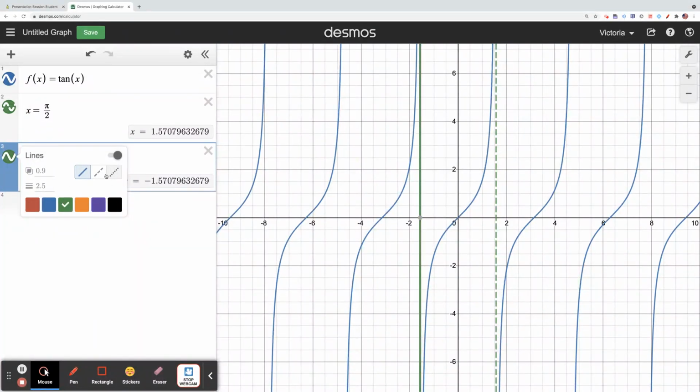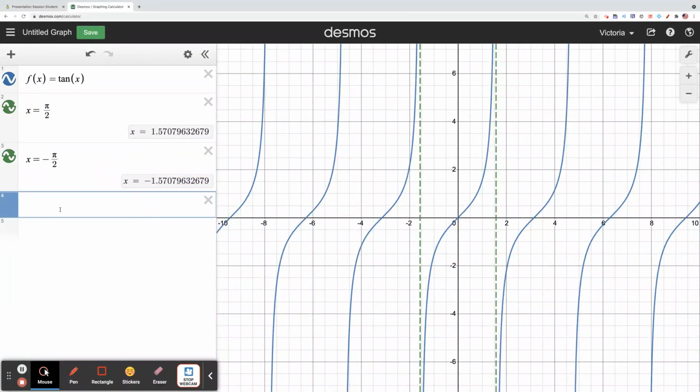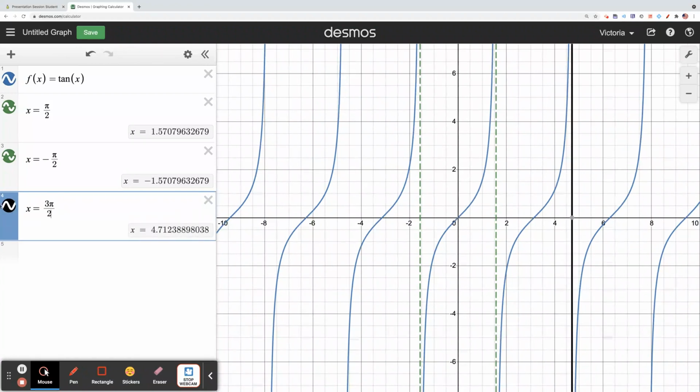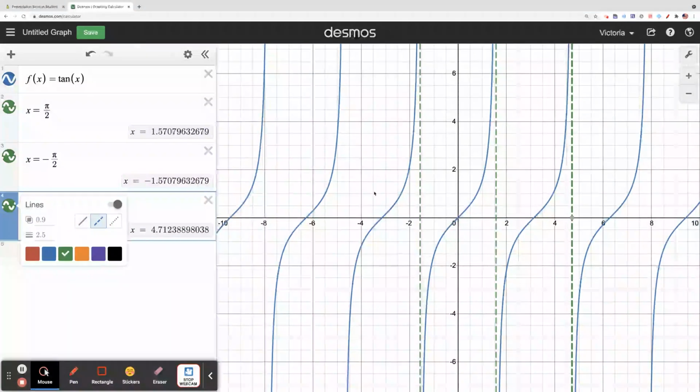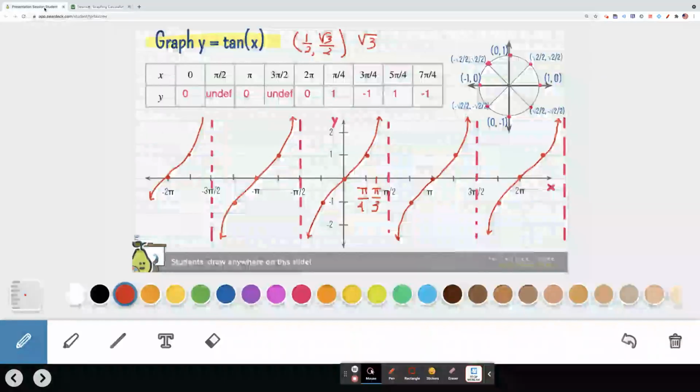Stick with green, and I'll make it dotted again. There's another vertical asymptote here at 3 pi over 2. And hopefully you feel like, yeah, things are starting to make sense with graphing trig functions by hand.